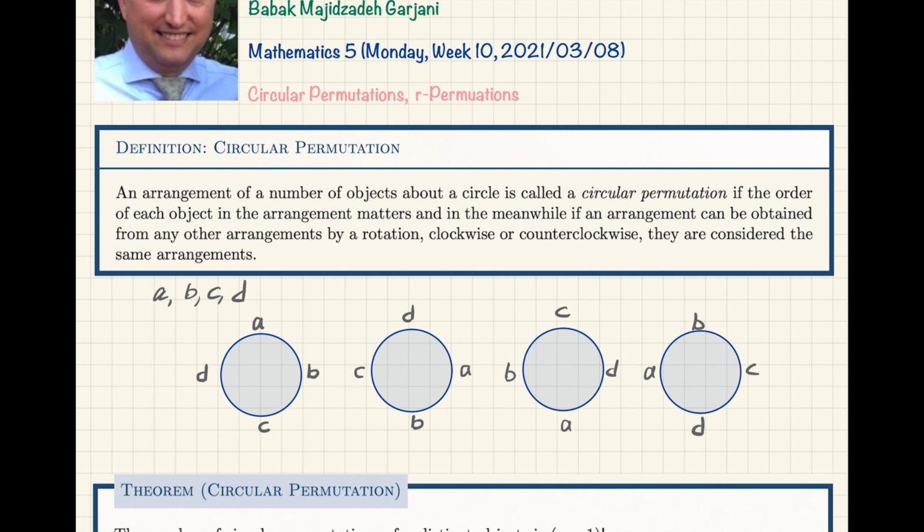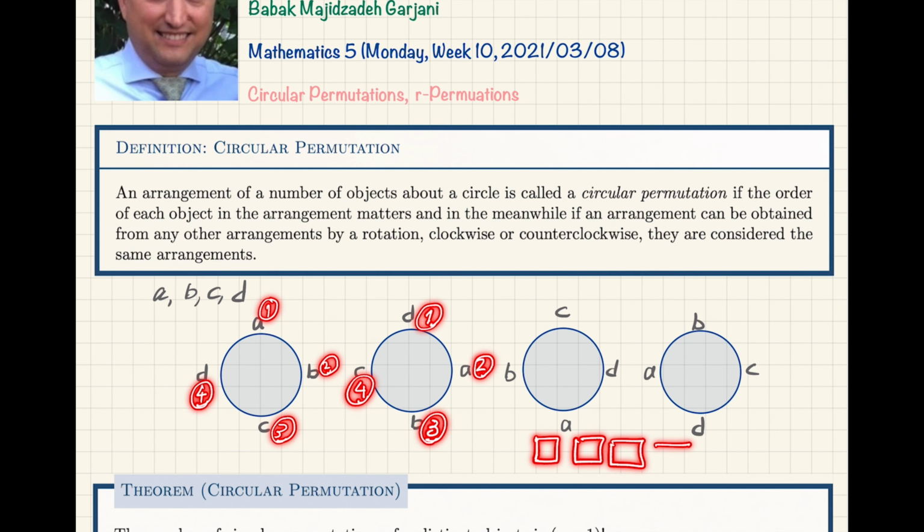It is clear that I'm changing the positions. If this location is location 1, this location is 2, this location is 3, this location is 4, now location 1 is filled with D, location 2 is filled with A, location 3 with B, and location 4 with C. So if I just consider the different places 1, 2, 3, 4, the first one gives me A here, B here, C here, D here, and the second one gives me a different assignment.